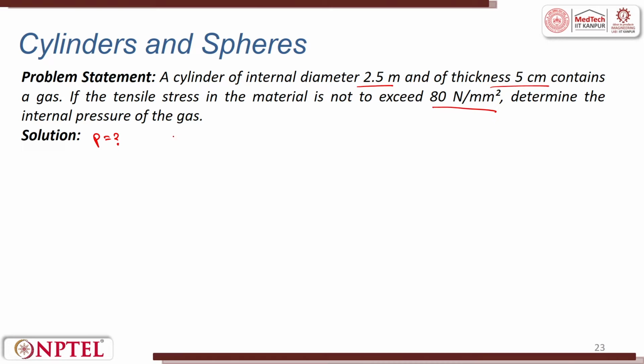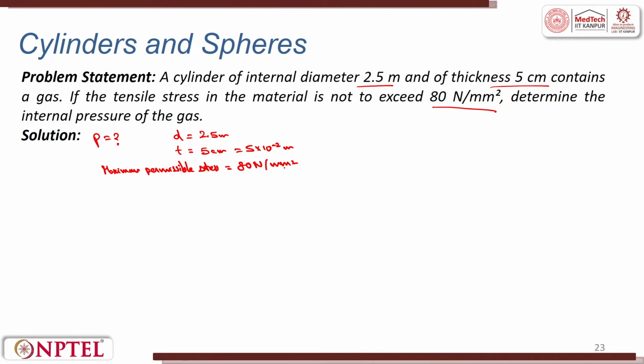Given is internal dia D is equal to 2.5 meters, thickness T is equal to 5 centimeters, which is equal to 5 into 10 raised to power minus 2 meters, and maximum permissible stress is given, which is equal to 80 newtons per millimeter square.